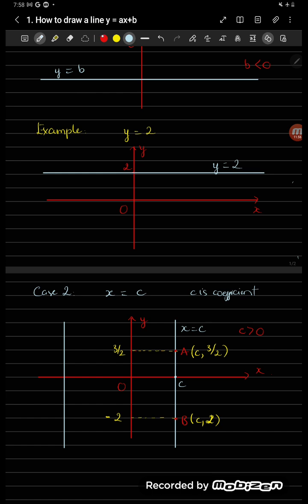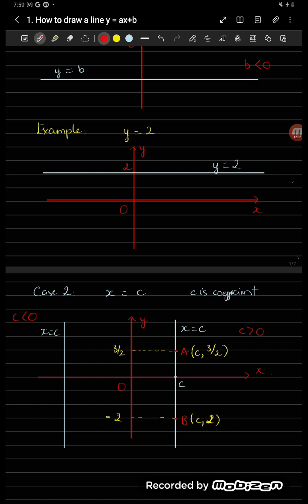Here we also have the line x equal to c, but in this case c is negative. For x equal to c, the line is always parallel to OY, but whether it is on the right or left side of OY depends on whether c is negative or positive.